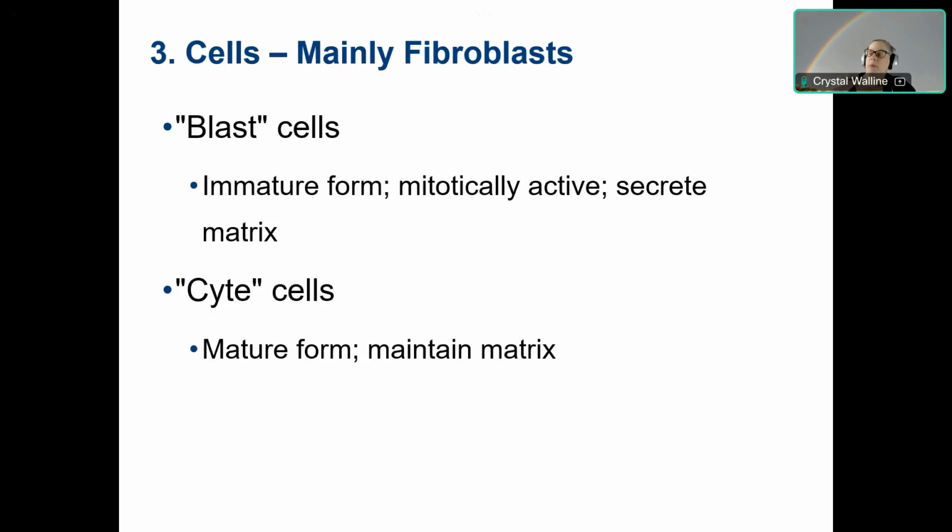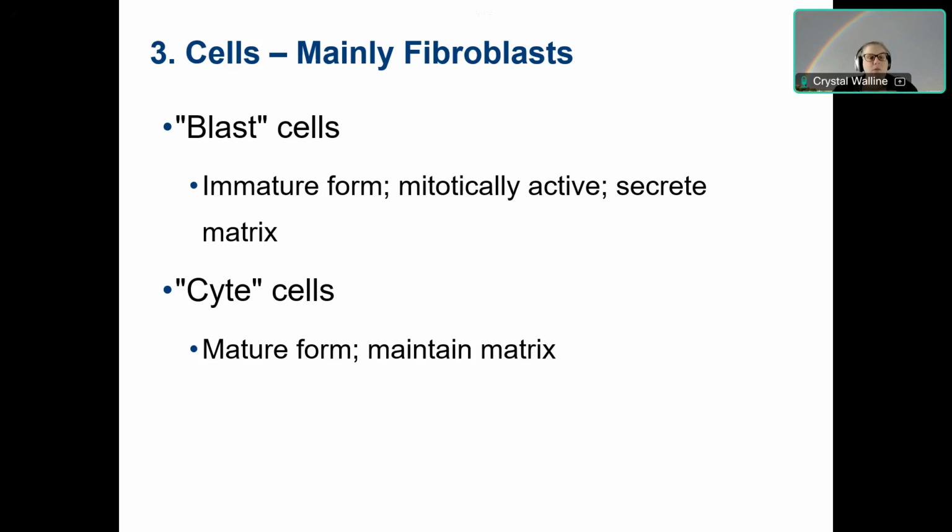So if we're thinking about people of all different ages, I want you to think of blast cells as like the little kids that went out and played in the snow. They're very active, they're running around, they're making snowballs, they're screaming and they're jumping up and down and they're having a great time. Blast cells are these young, immature cells, but they're very, very active.